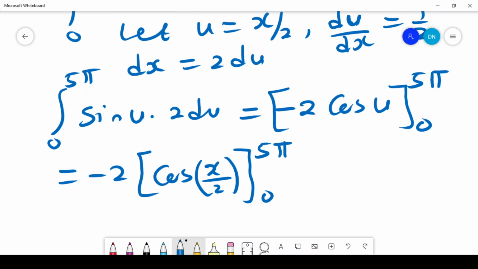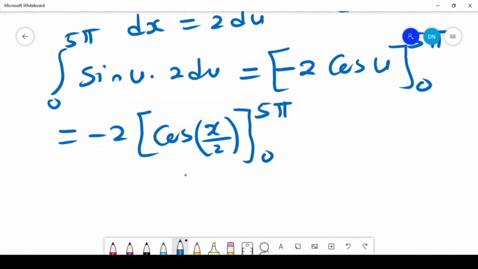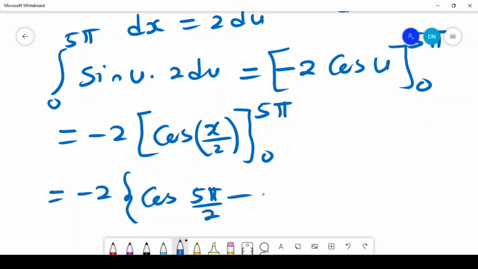And that gives me negative 2 times cos of 5 pi over 2 minus cos of 0. And whatever solution you get, I think this will give us 2 as the answer, because cos of 5 pi over 2 will be 0, because this is an odd multiple.